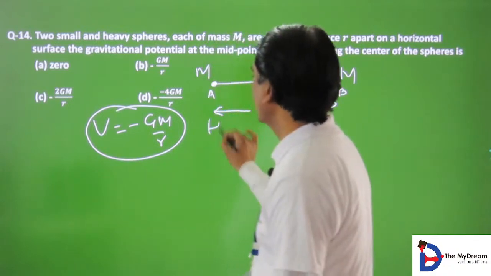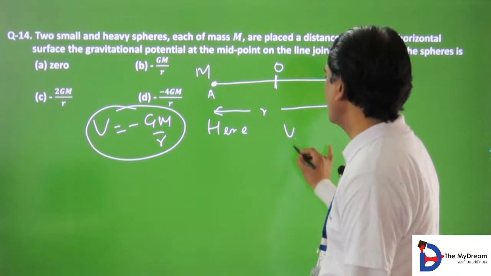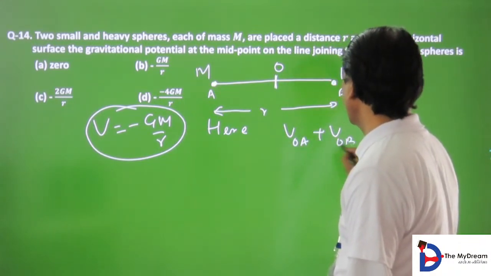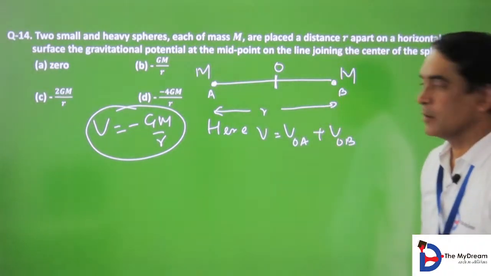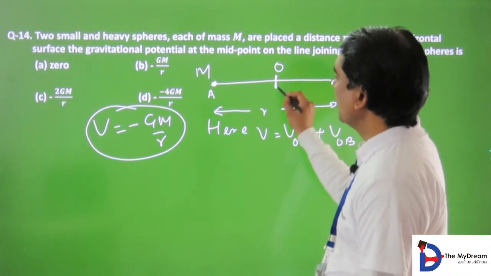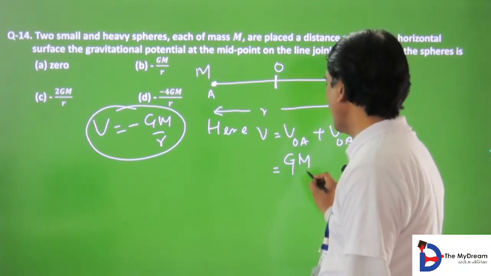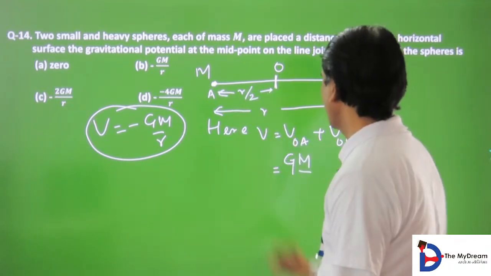Here, potential at O due to A plus potential at O due to B, which gives V. Potential at O due to this is given by capital G, capital M and distance will become r by 2.